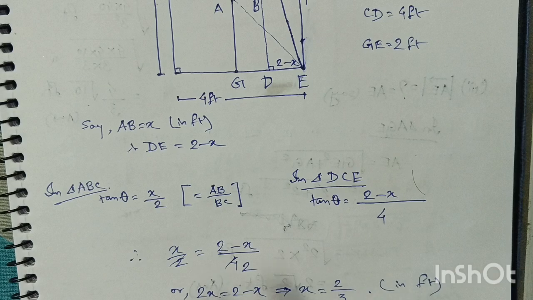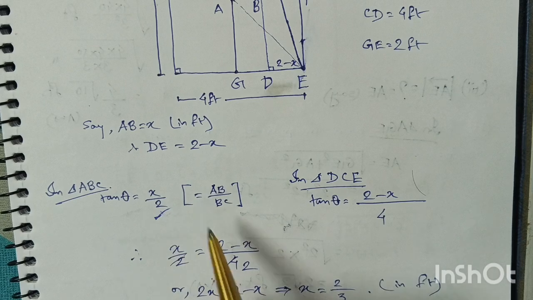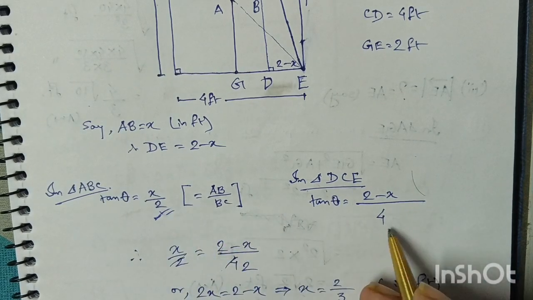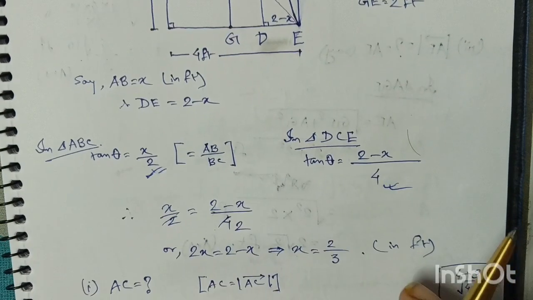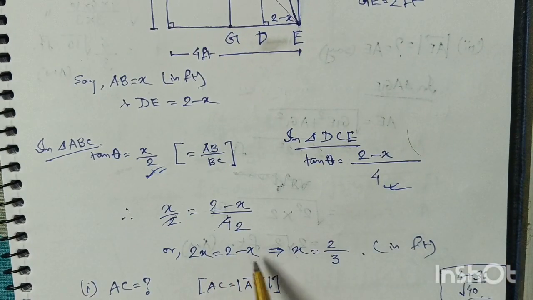Now both are tan theta, therefore comparing, we can equate these two terms. x by 2 equals 2 minus x by 4, and calculating we get 2x is equal to 2 minus x, thereby x is equal to 2 by 3 feet.